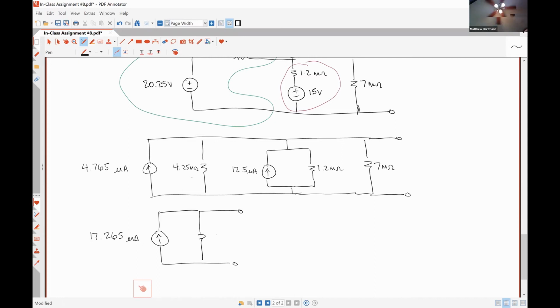And this becomes an 825.433 kilo ohm resistor, if my math is correct.